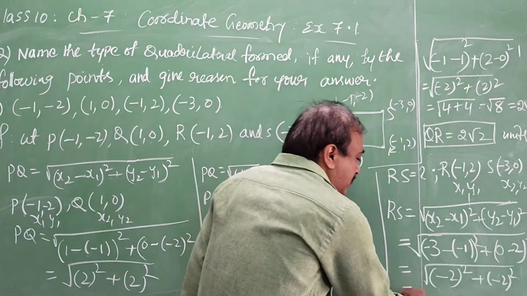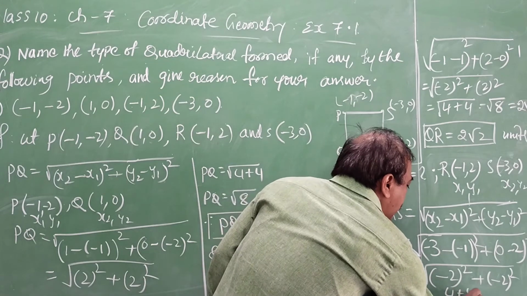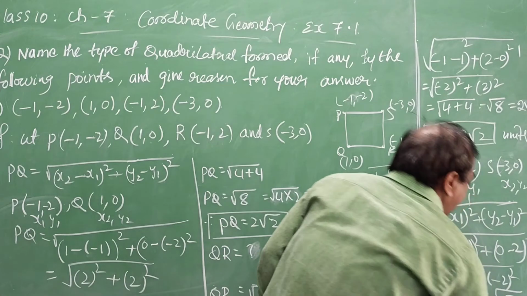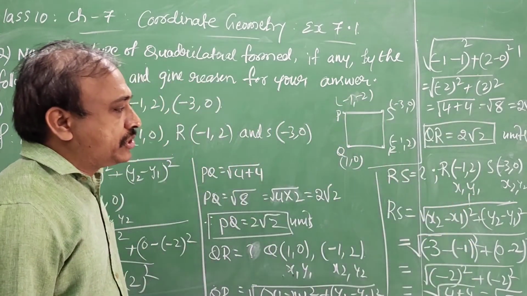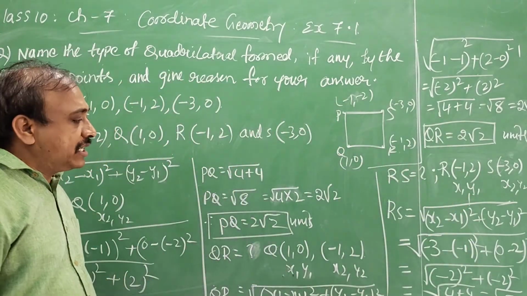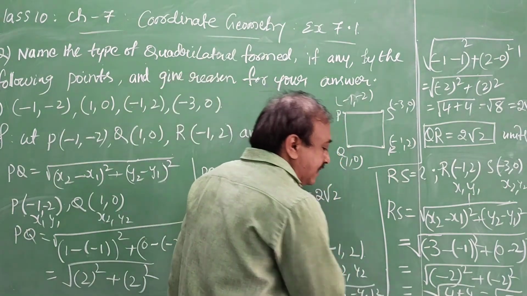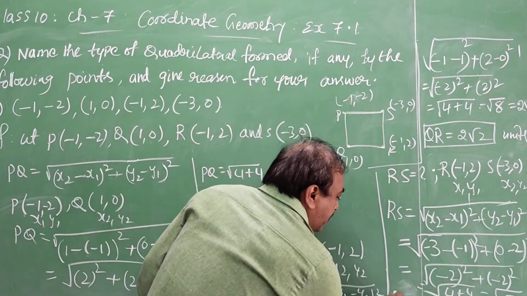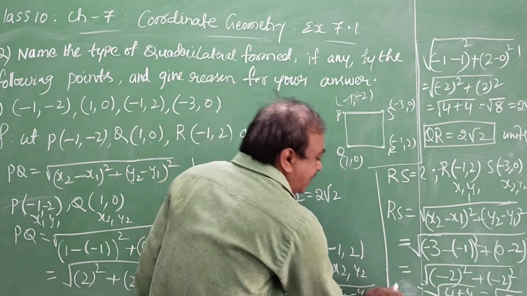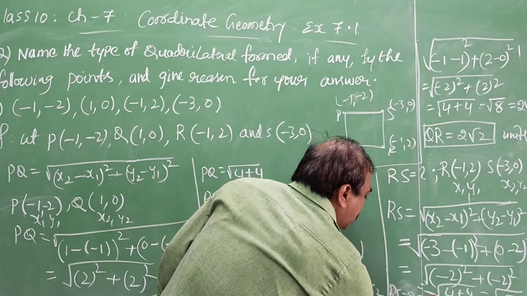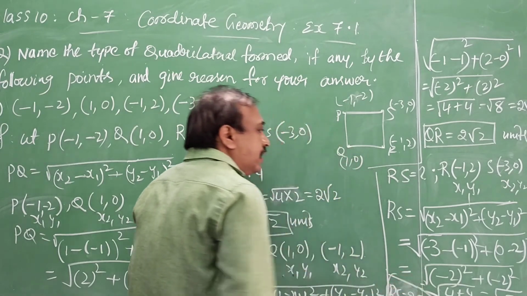So minus 2 whole square is 4, plus 4, root, which is equal to root 8. Now QR also we got, and RS is equal to 2 root 2. This is RS we got.